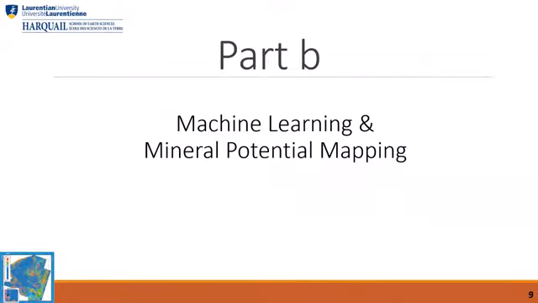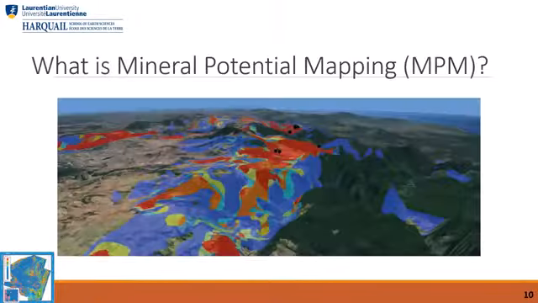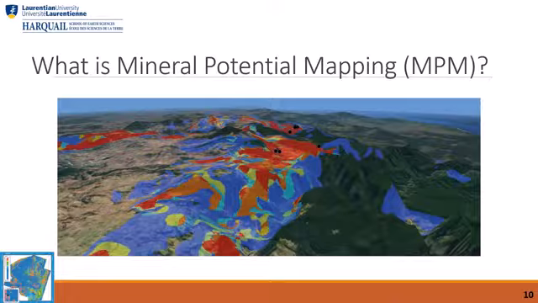Here I want to start talking about the application of machine learning in mineral potential mapping. First, a brief definition of what mineral potential mapping actually is. Mineral potential mapping refers to the process of integrating different types of data sets in order to delineate some exploration targets.